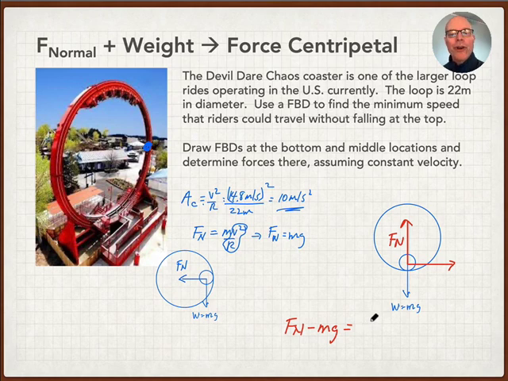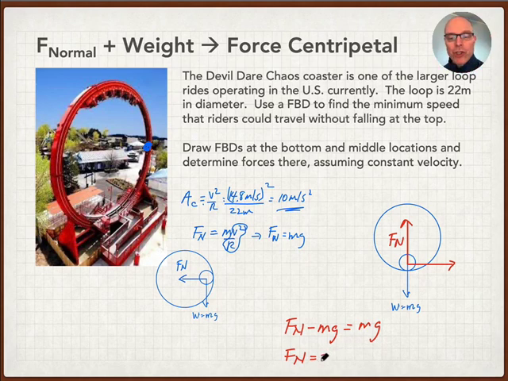Now, we know from the last example we just looked at that mv squared over r equals our weight, because of the situation up here at the top. So I'm just going to jump right to the end of that and let you figure it out. This means that at the very bottom, in this bare minimum situation, your apparent weight feels like a factor of 2.